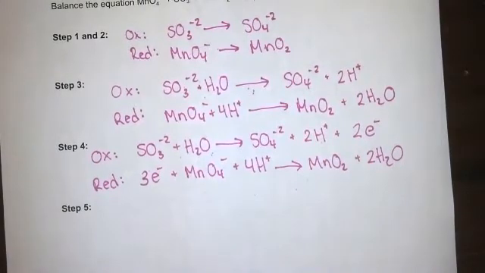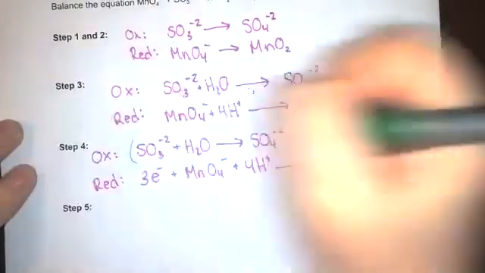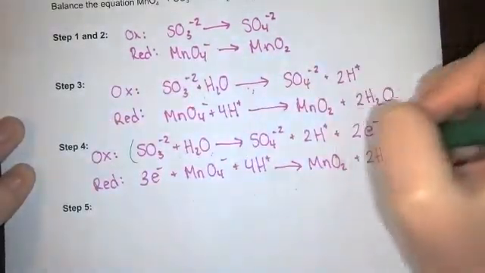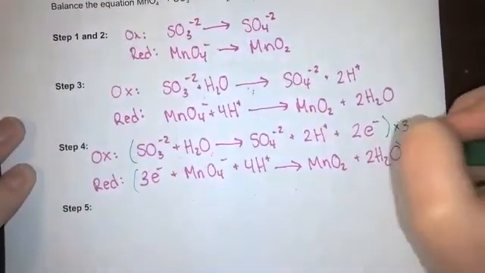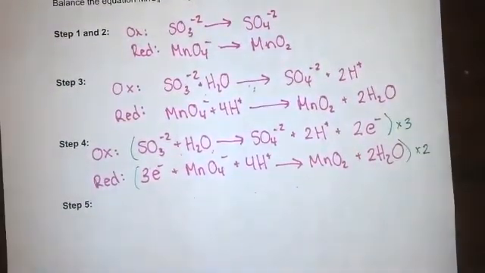All right. So next, let us balance those charges by multiplying the entire equation by an integer. So I have 2 and 3. Let's get them both to 6. So I'll multiply my oxidation half by 3, multiply my reduction half by 2, so that each one will end up with 6 electrons.